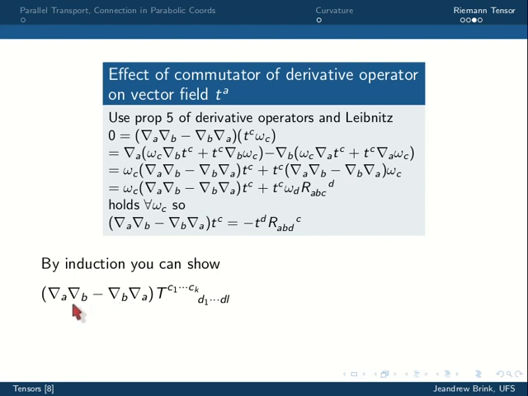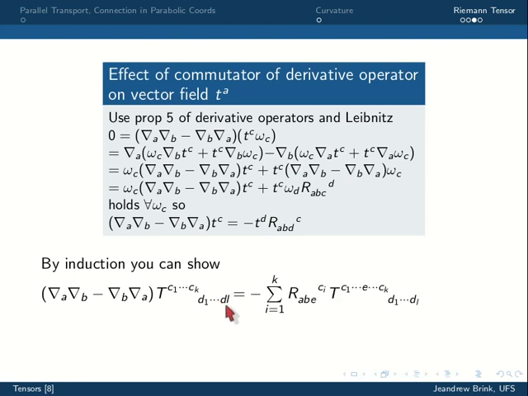You basically apply the rule for vector indexes: you add a minus t^d component contracted with the third index of your Riemann tensor. And for one form indexes, you add the other expression that we got for the one form.